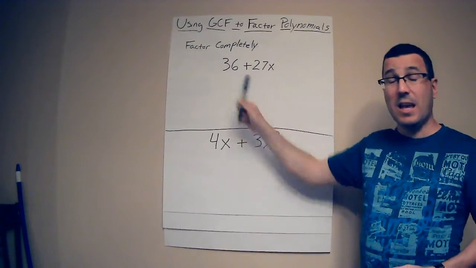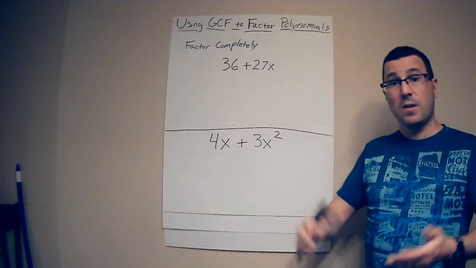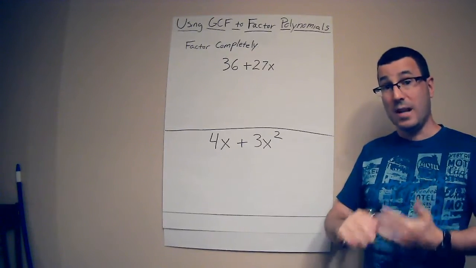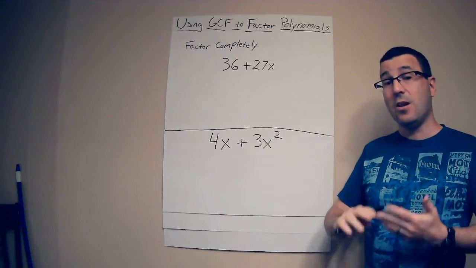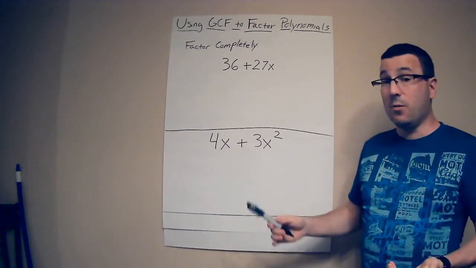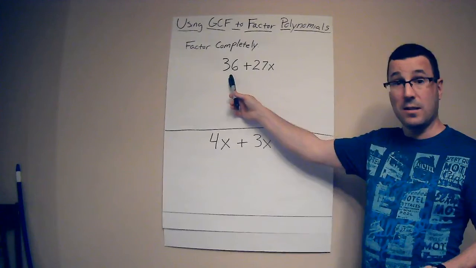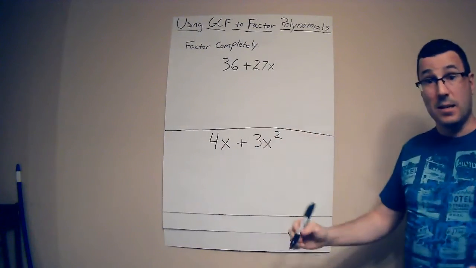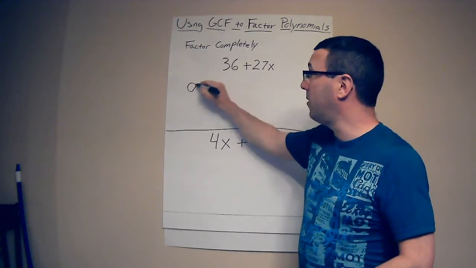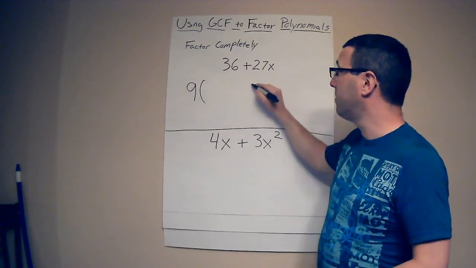27 can't go into 36 nicely. So then we start breaking it down. The next greatest factor of 27 is 9. So we then say, well, does 9 go nicely into 36? And yes, it does. So I'm going to put 9 on the outside of parentheses.